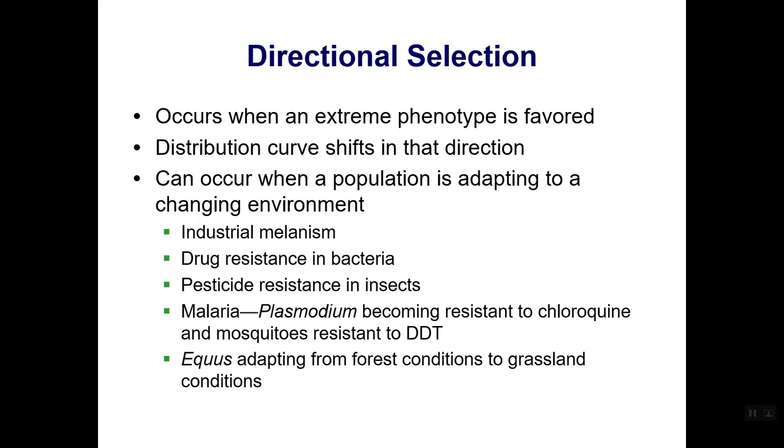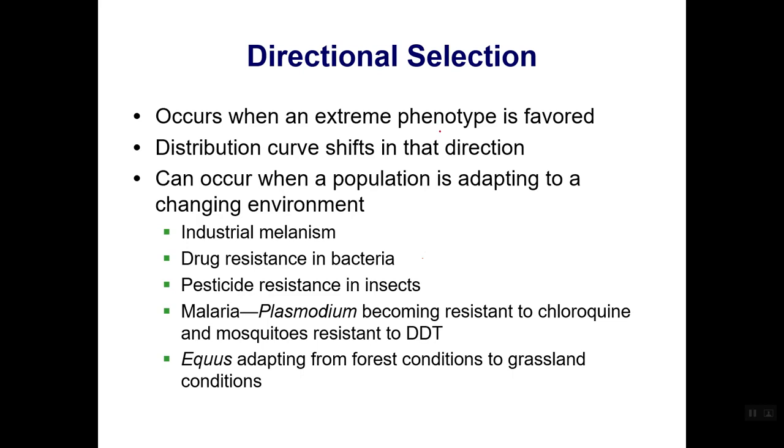Drug resistance in bacteria. We'll see a population of bacteria, and if you take an antibiotic and wipe out most of the bacteria, there are going to be some of them that are resistant that survive, and therefore their offspring are also going to have those resistant genes.